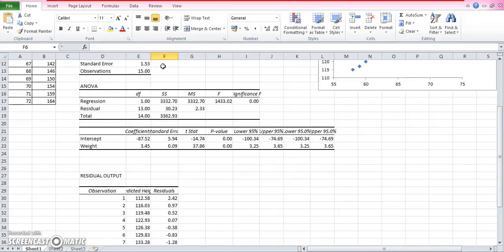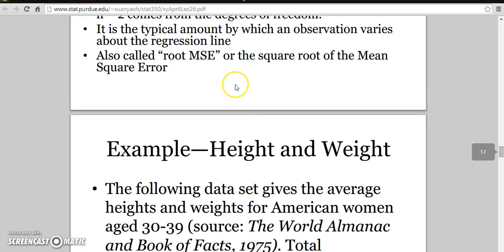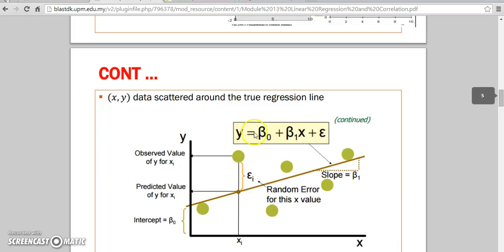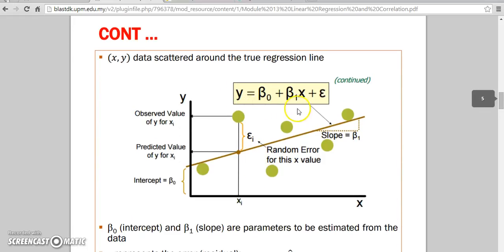Firstly, we have to find the linear regression line. We have to find the beta naught and beta 1 from this equation. This is the general equation we have to find, which is y equals beta naught plus beta 1 x plus e. Beta naught is the intercept, beta 1 is the slope, and e is the residual.